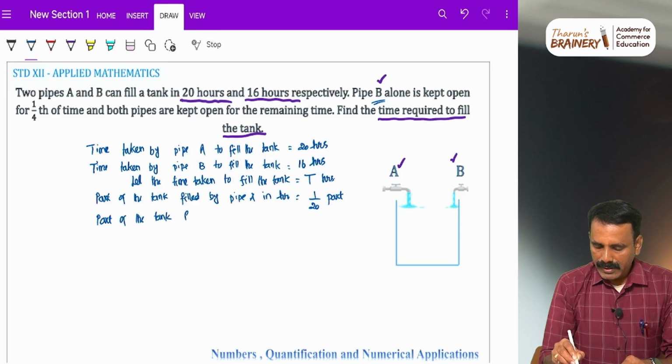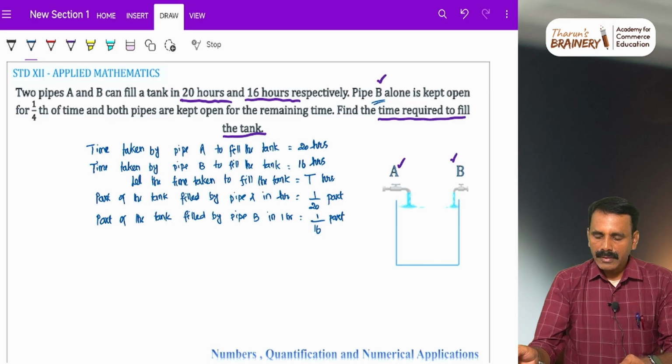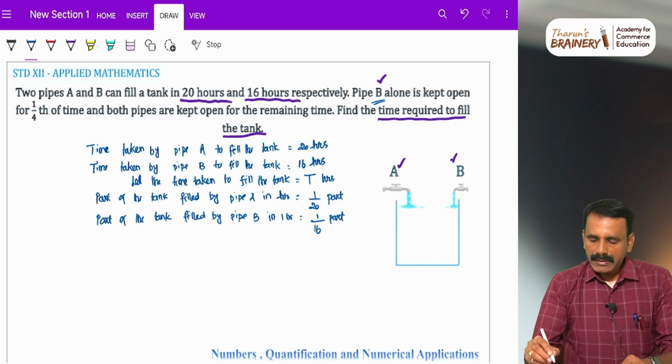Part of the tank filled by pipe B in 1 hour will be 1 by 16 part. Okay. Now we are going to take this total time T, we split this total time T into two parts.